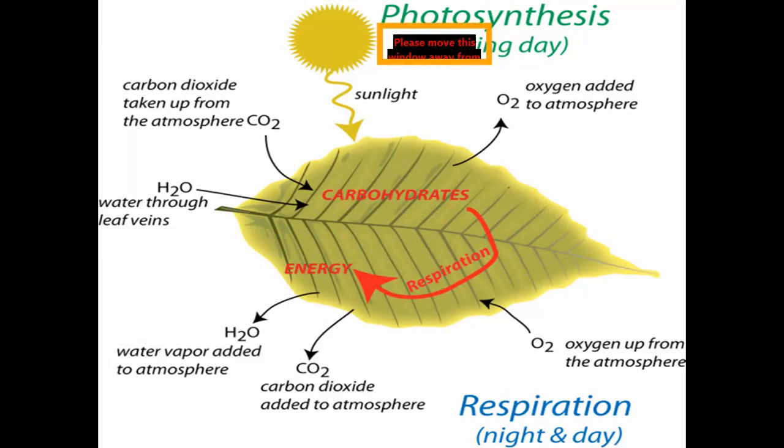How does the process occur? What are the reactants in this reaction as well as the products? How can we identify that the plant is undergoing photosynthesis?